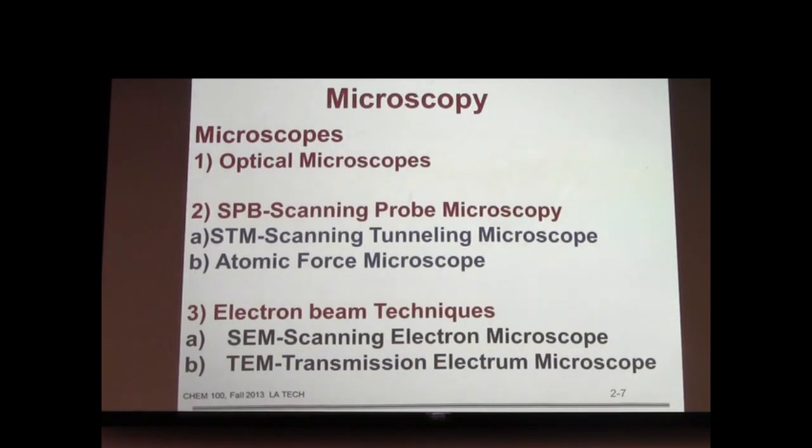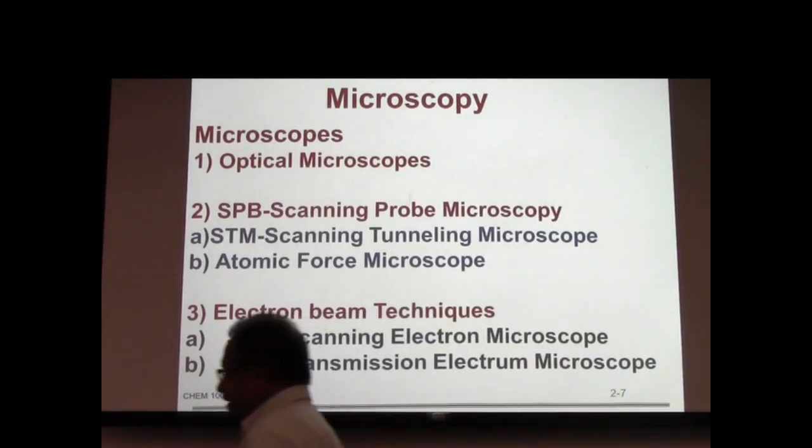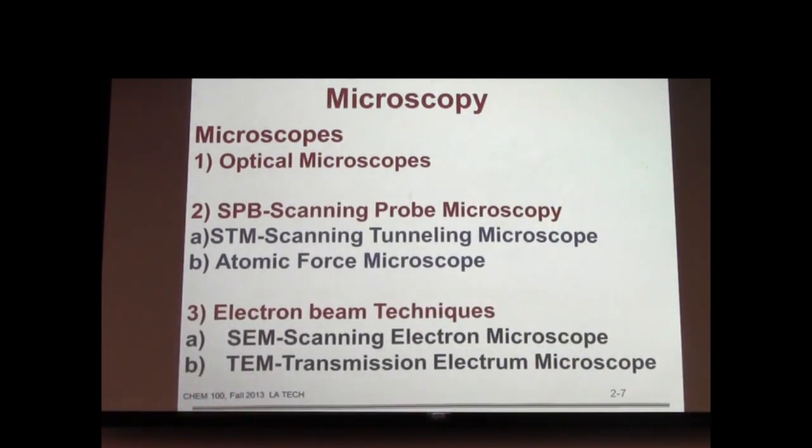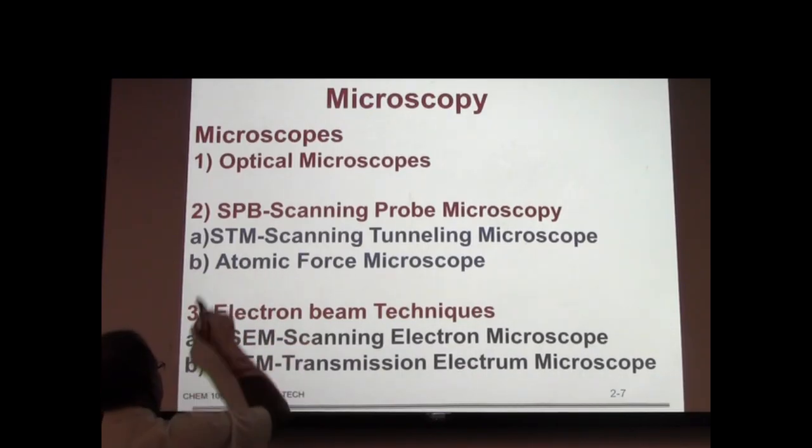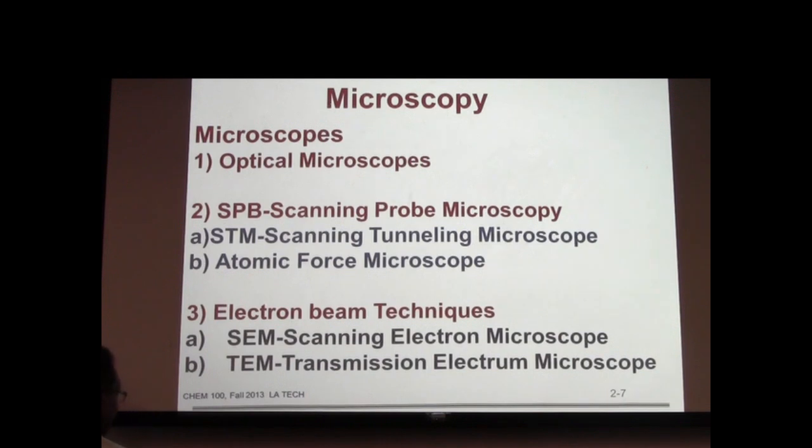Where there's some height, there are going to be fewer electrons. If this is flat, there are more electrons. So therefore, it can get the surface features. All these three techniques go over a sample in a linear way, 1 nanometer at a time, like that, even a few nanometers.